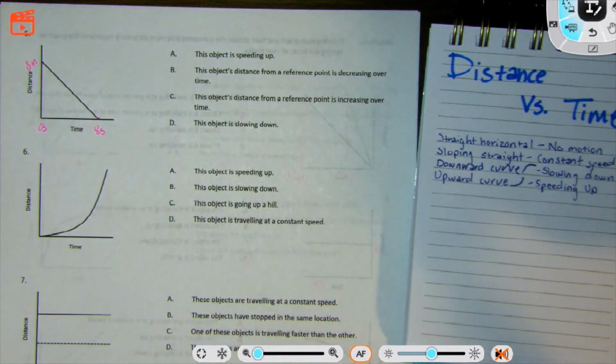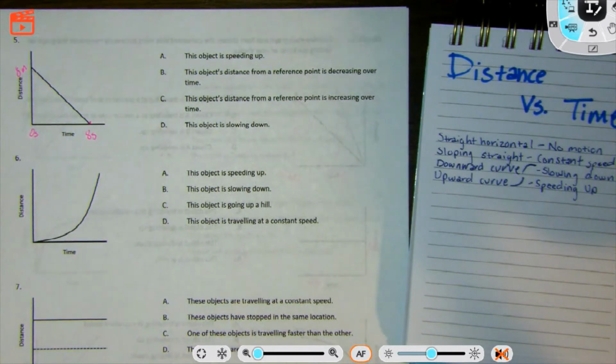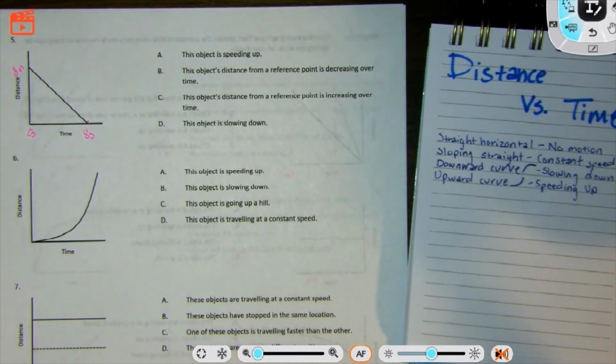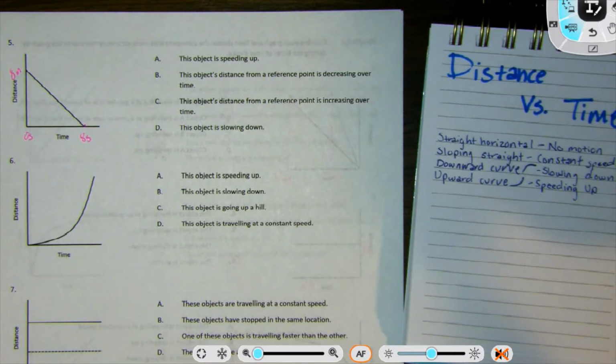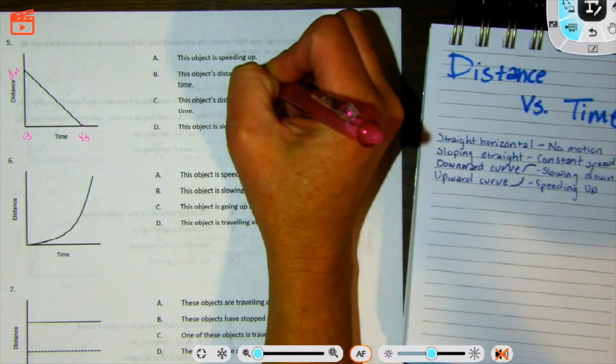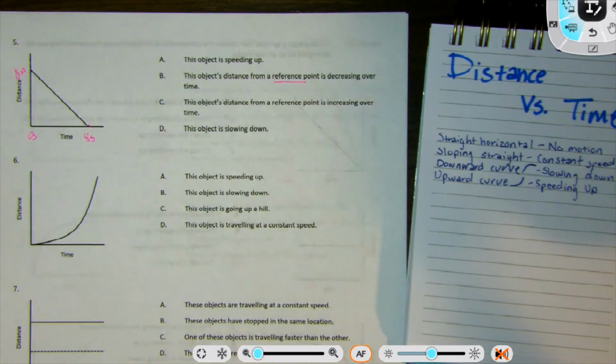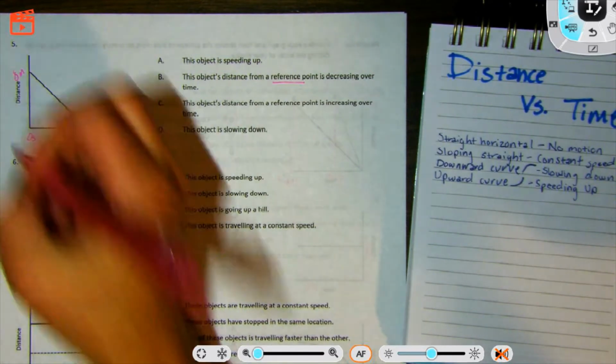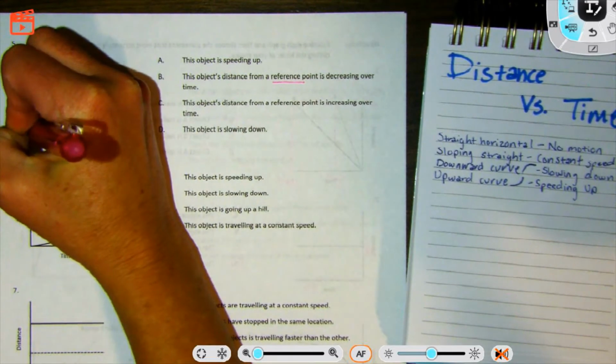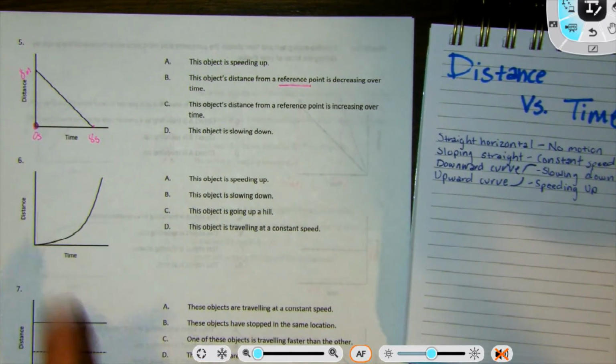So let's read our thing. The object is speeding up, or B, the object's distance from a reference point is decreasing over time. The object's distance from a reference point is increasing over time, or the object is slowing down. So whenever it says reference point, every time you're looking at a distance and time graph, our reference point is right here. Say this is my house.